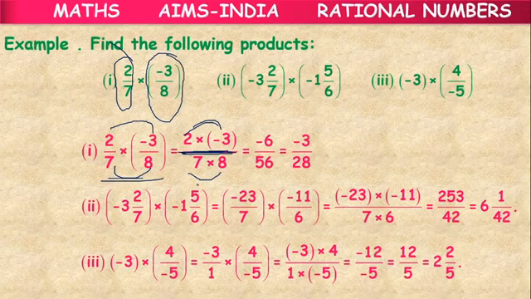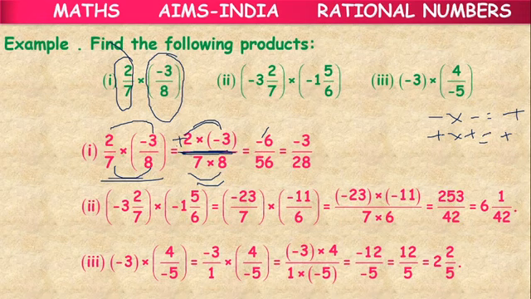Here, if there is no symbol, we have to assume there is plus. Plus into minus equals minus, because we know minus into minus equals plus, and plus into plus equals plus. It means when we multiply similar signs, it always results in positive.